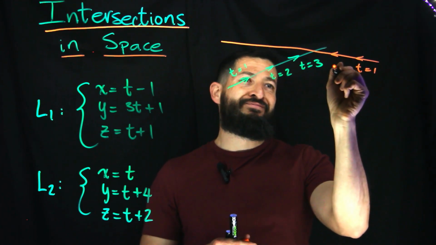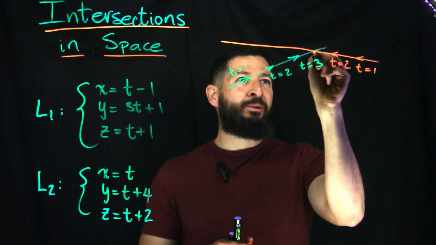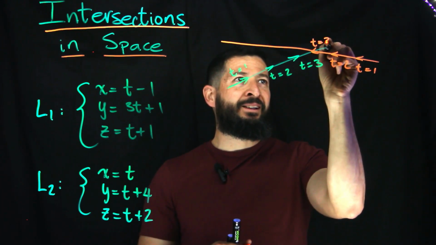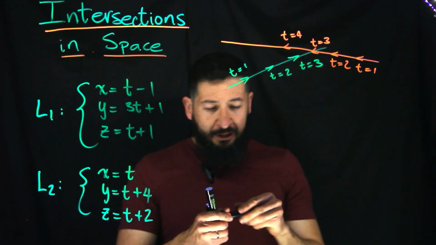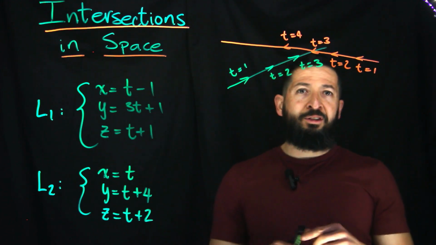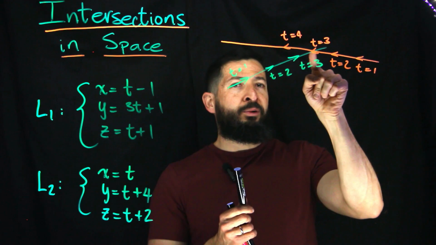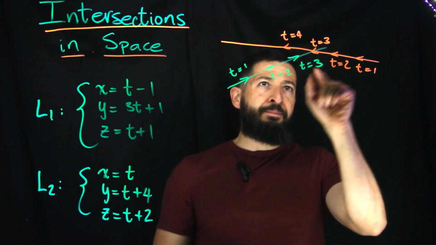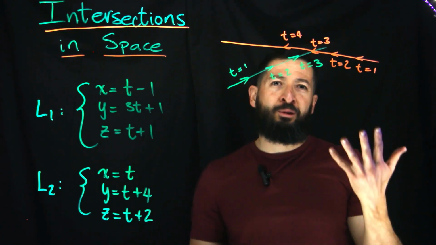I don't want it to look like they're going to intersect at the same time. T equals 2, let's say here t equals 3 is here, t equals 4 here, and so forth and so on. Now, look at the lines. They do intersect. However, this line goes through the point of intersection at t equals 3, as opposed to this one. This one goes at the intersection point almost at t equals 4.